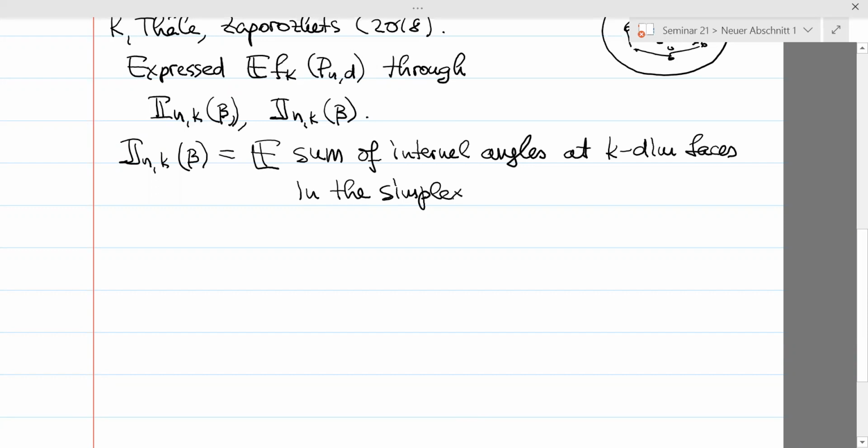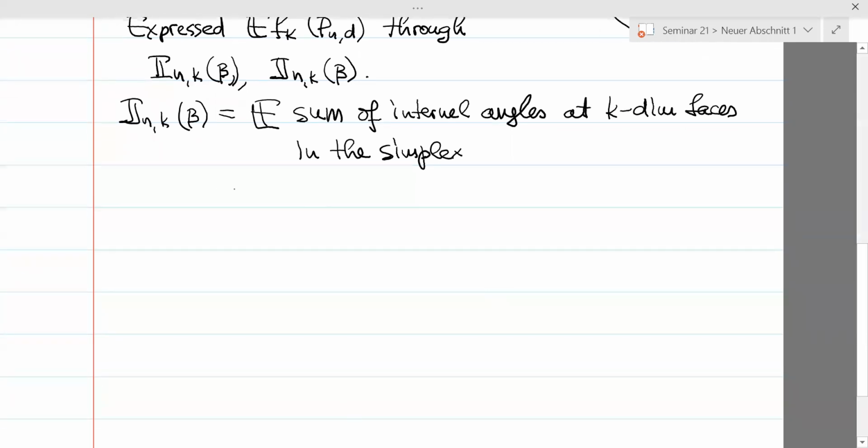And the beta simplex is just constructed by taking n points in the (n-1)-dimensional space according to a beta distribution. So it is, let me write it down, n choose k times the expected angle in the beta simplex with n vertices, which means the following.